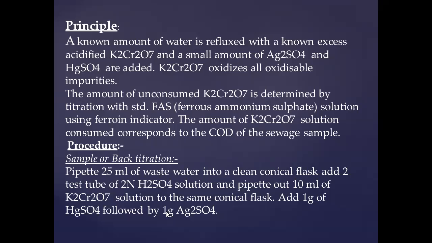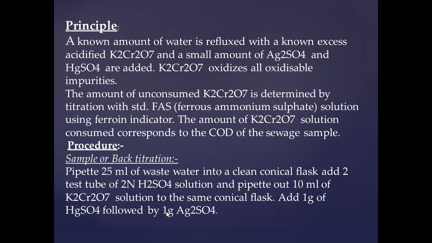Whichever is oxidizable, the organic load is easily oxidizable compared with the other things. So we are going to oxidize the organic load present in the wastewater with the help of K2Cr2O7 in presence of H2SO4. Along with that, we add silver sulfate, which acts as a catalyst, and HgSO4, which removes the interfering radicals.